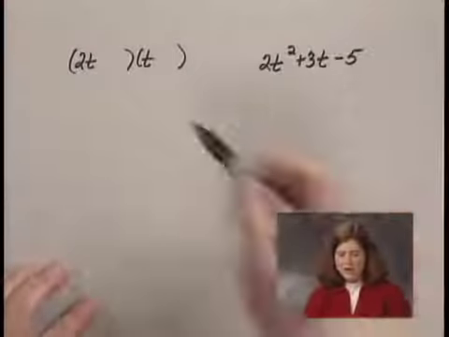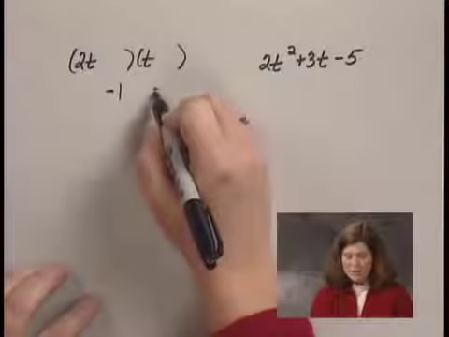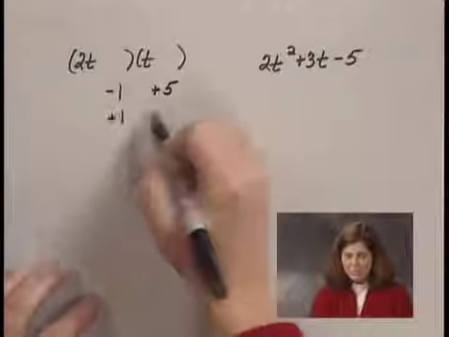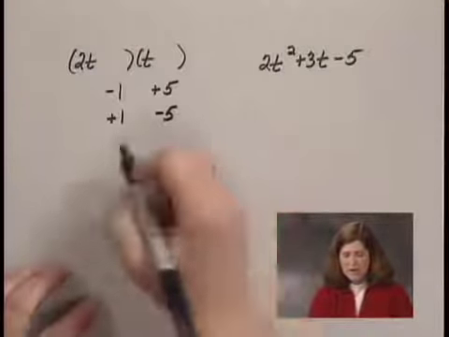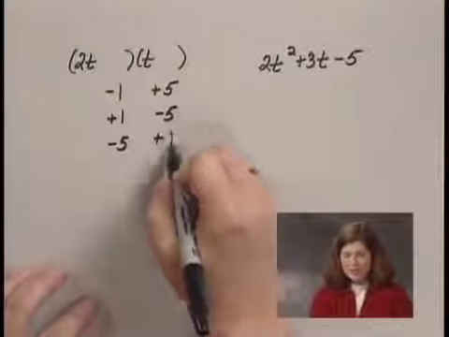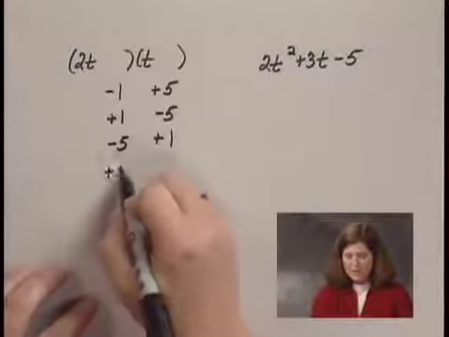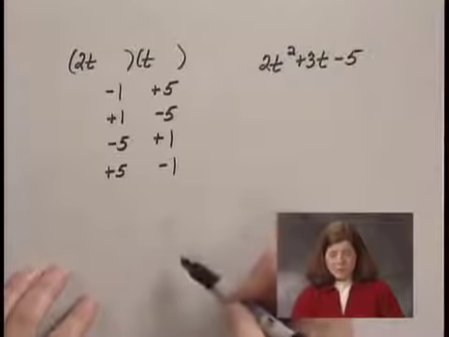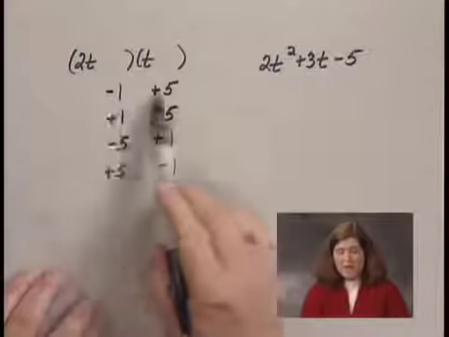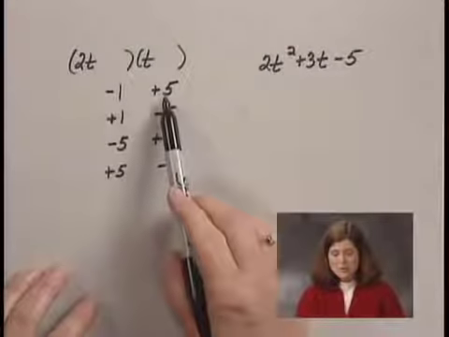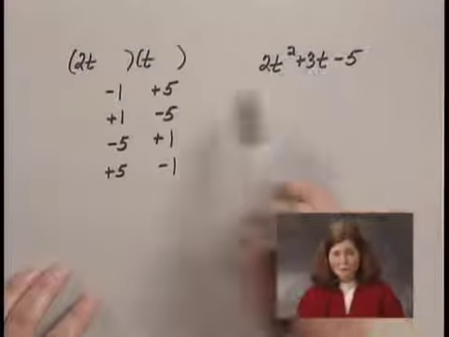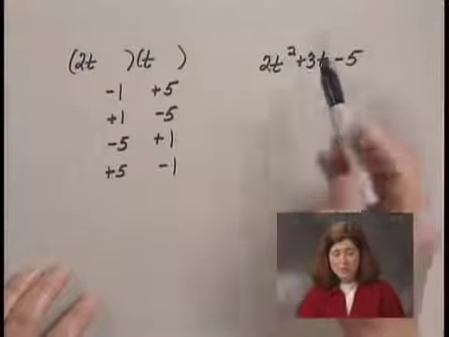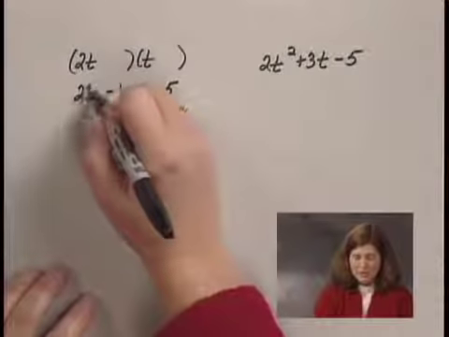My options would be -1 plus 5, or +1 minus 5, or -5 plus 1, or +5 minus 1. So I have 4 different options. Now, I'm going to check this first one. If on this first one I don't get a +3 or a -3, I don't need to check the next one, because changing the signs will only change the sign of the middle term. So let me check this one here.